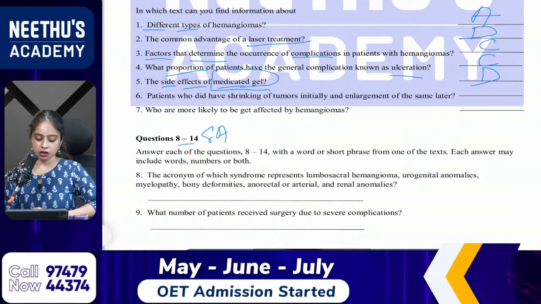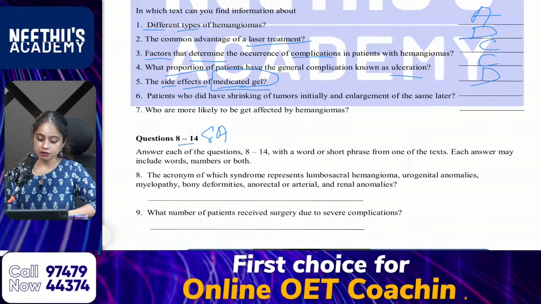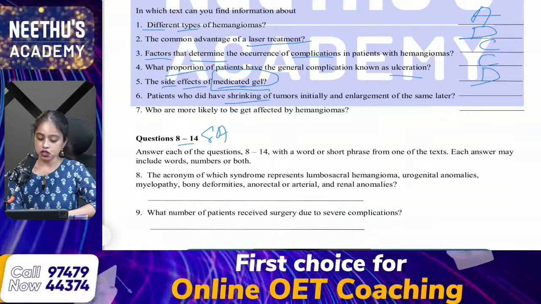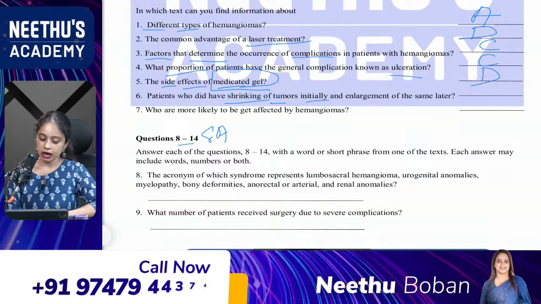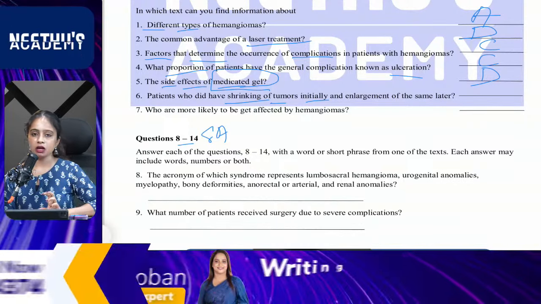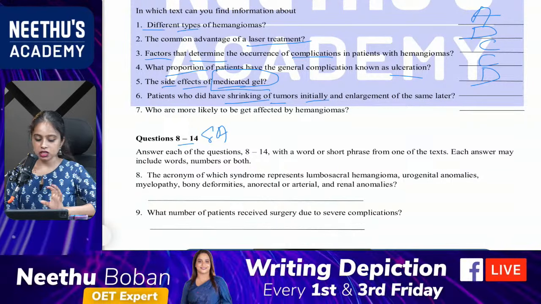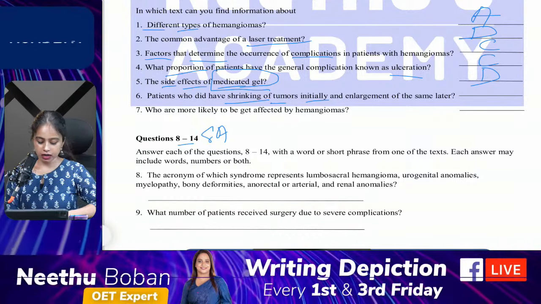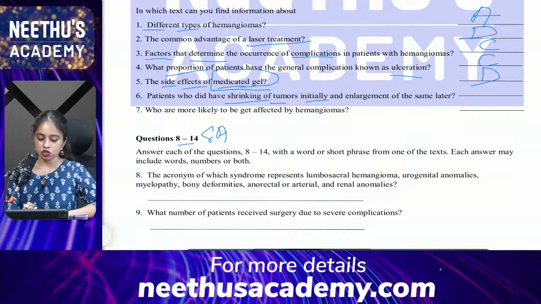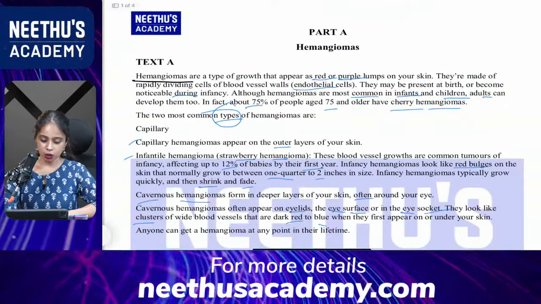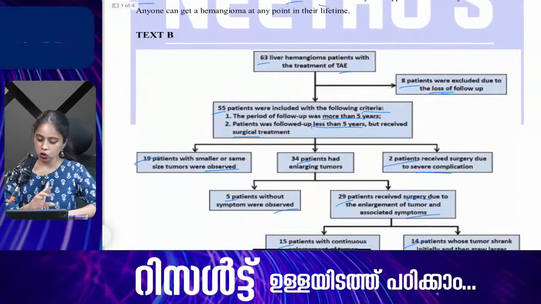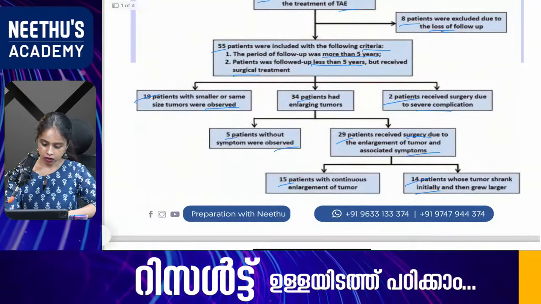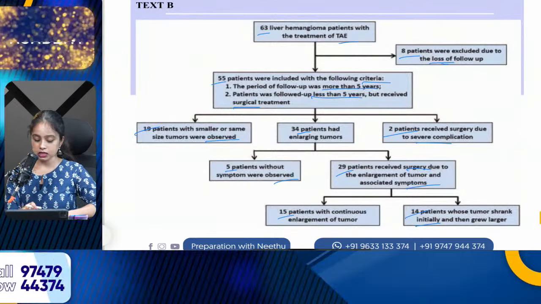Sixth one: patients who did have shrinking of tumors initially and enlargement of the same later. So shrinking tumors initially. Where have they mentioned this? As you can see here from this pictorial, there is a table. No, not a table, there is a chart.